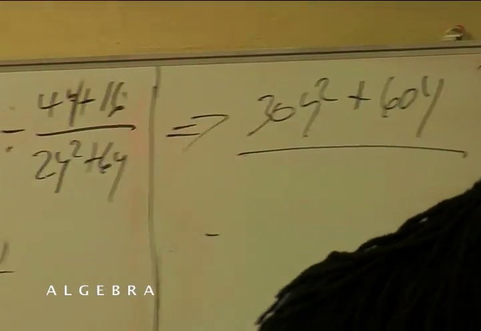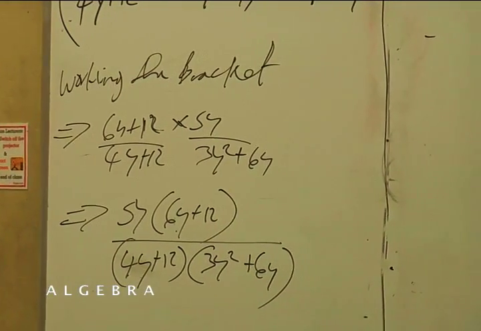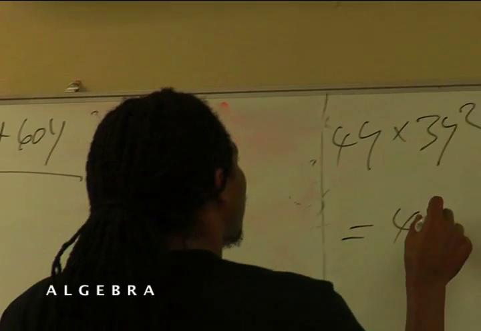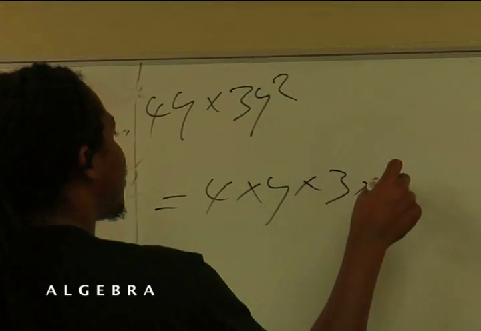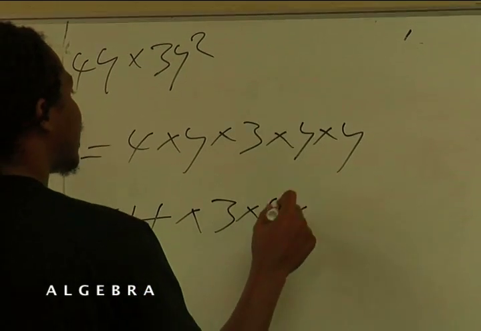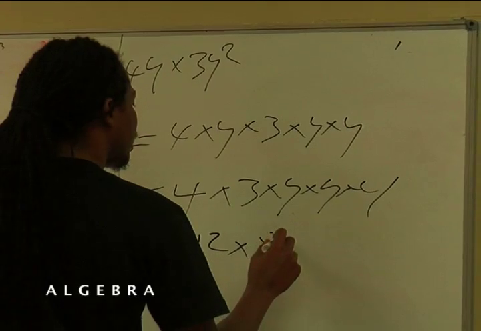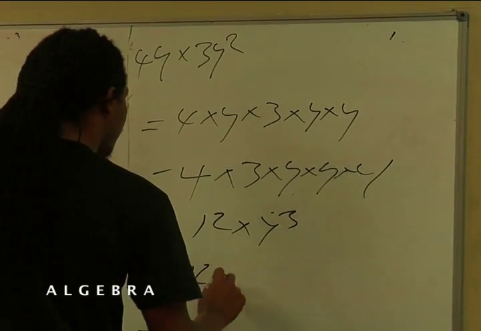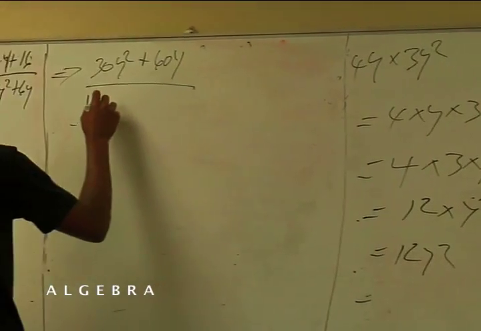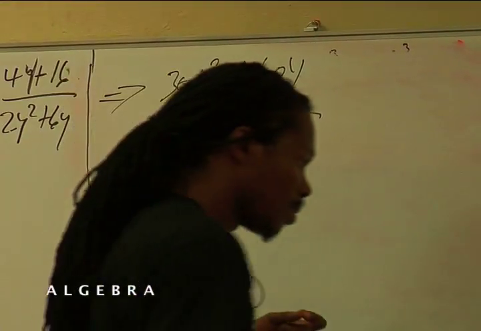4y times 3y square equals 4 times y times 3 times y times y equals 4 times 3 times y times y times y equals 12y cube. So that's 12y cube. Come again now.